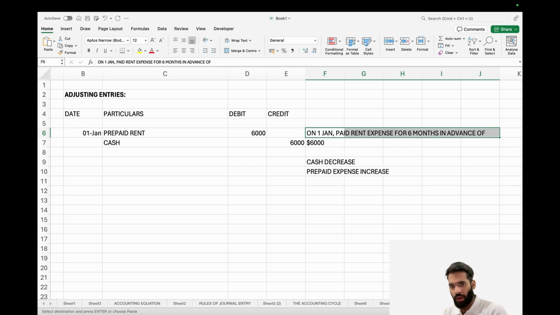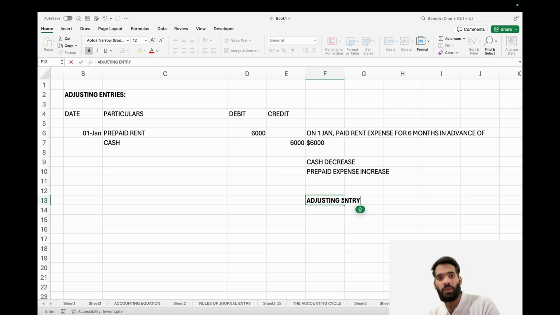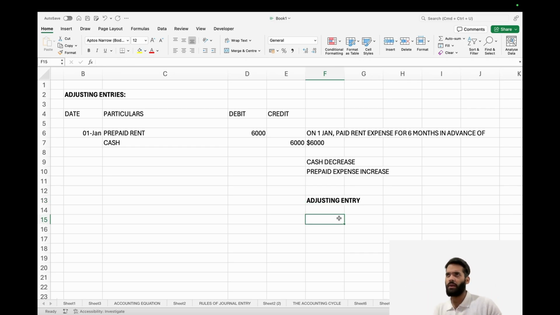So that's why, to adjust the account balance to where it should be, we will prepare something called an adjusting entry at the end of the accounting period. So let's think about this logically. What should I do to make my accounting records correct?